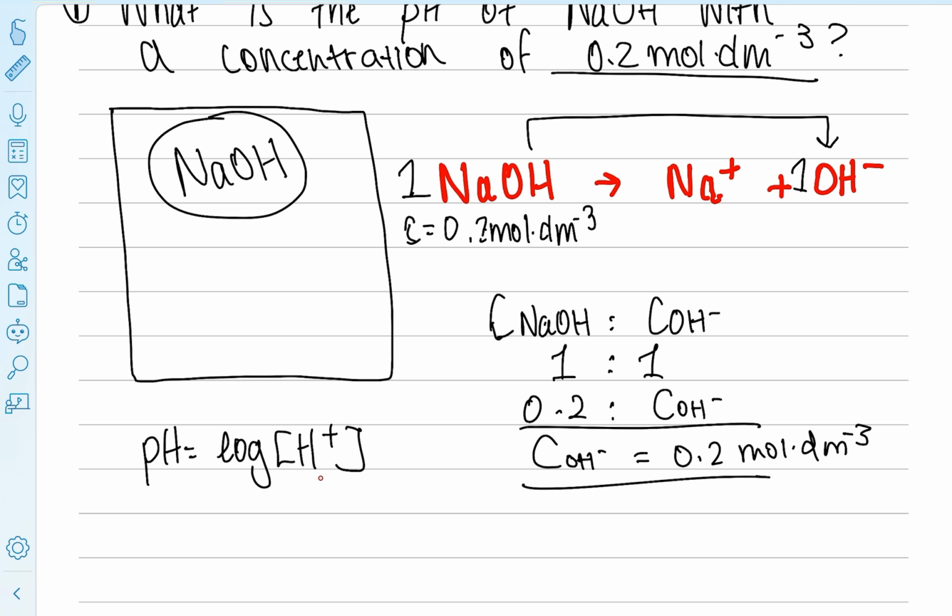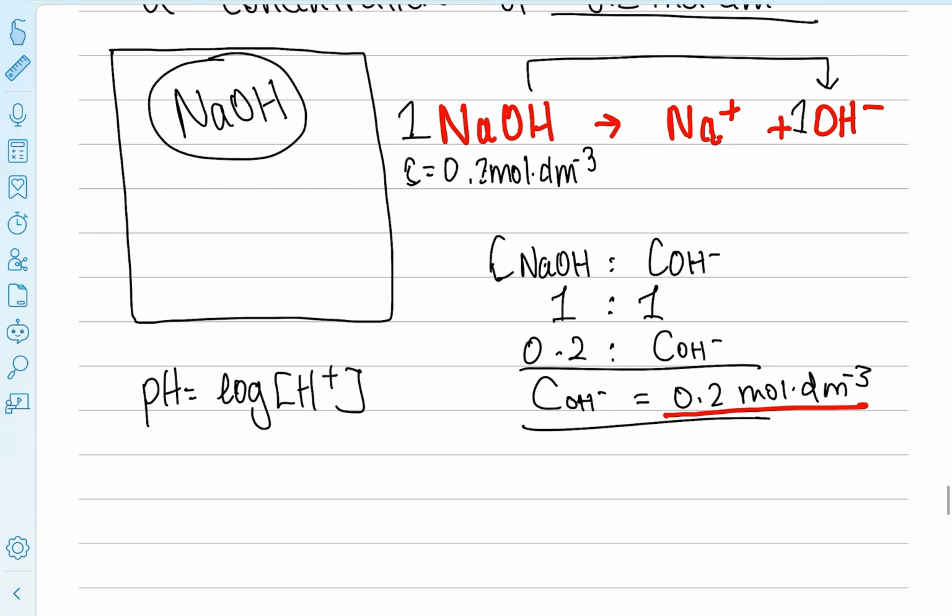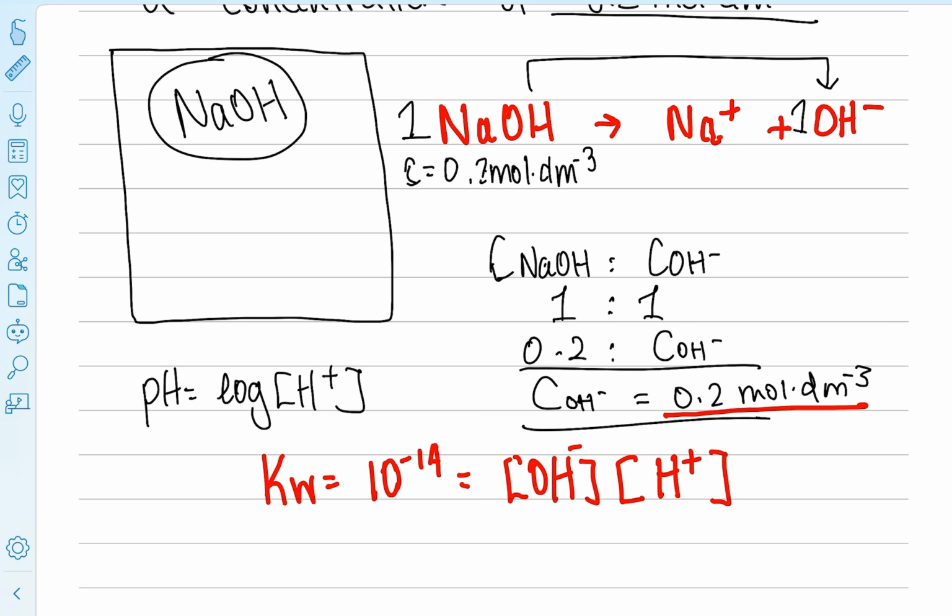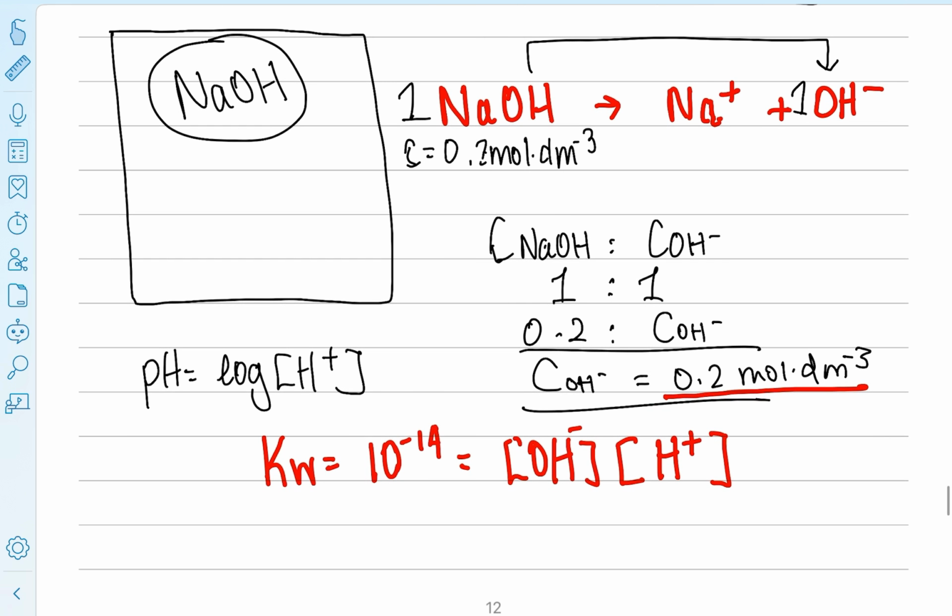What we need to do is to then find that, okay, if we've got 0.2 moles per cubic decimeters of hydroxide ions in our base, that is where now this formula comes in for the ionization of water. This formula gives you a link between the concentration of hydroxide ions in your base as well as the concentration of hydrogen ions from water.